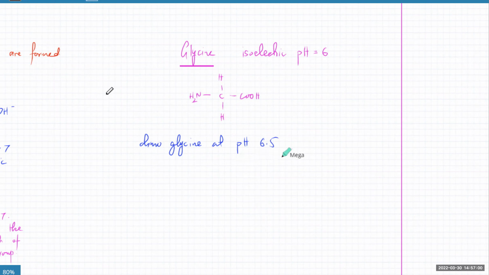So pH 6.5 is higher than the isoelectric point. So for glycine, this is going to be basic.